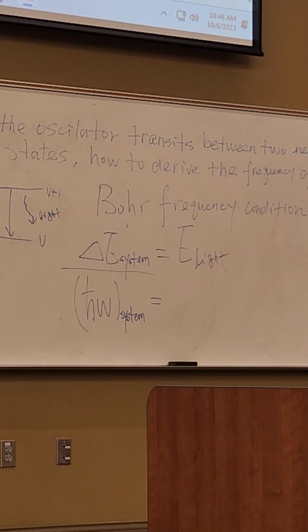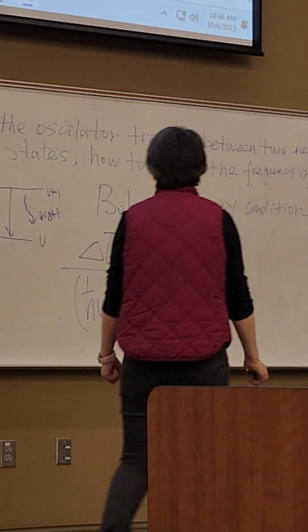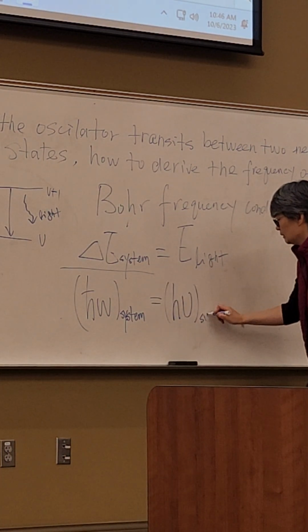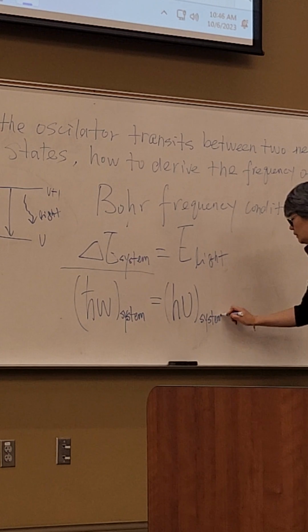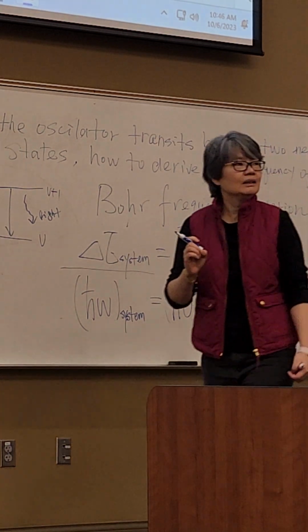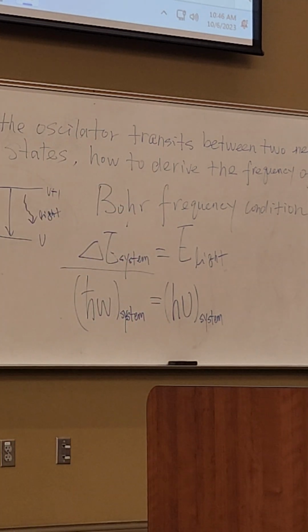If I want to write in terms of normal frequency for the oscillator, what would it be? 2 pi h nu. It's 2 pi h nu. Right? Because the omega and the normal frequency are linked by 2 pi, and the h bar and the h are linked by 2 pi too, so they cancel out.